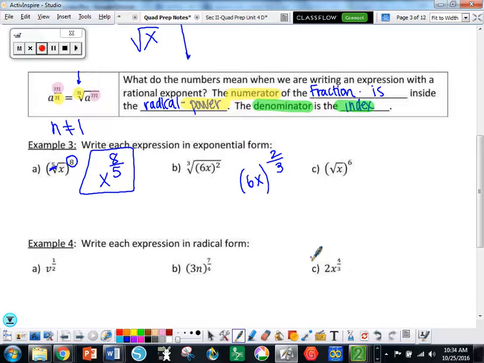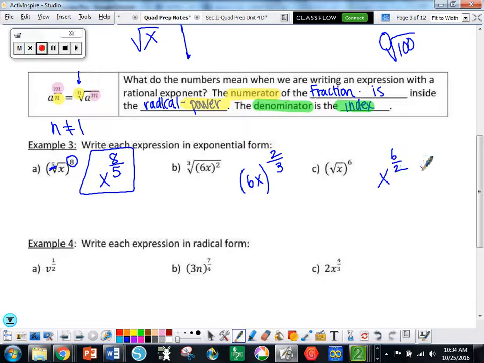What about part C? The base is what? X. What's the numerator? Good. What's the denominator? But it's never 1. So what is it? Ooh, if I just said the square root of 100, what number actually goes right here? It's a 2, right? We're looking for groups of 2.